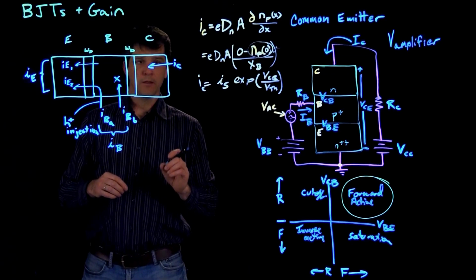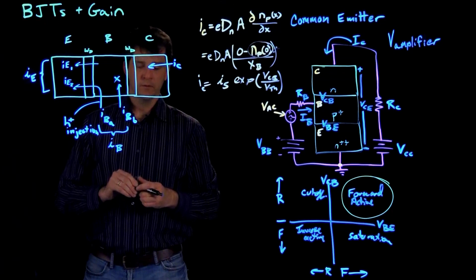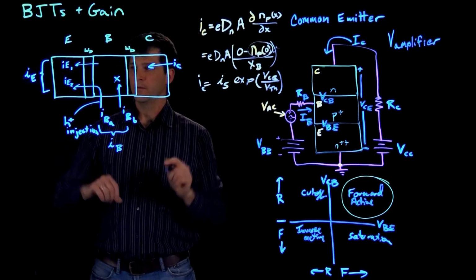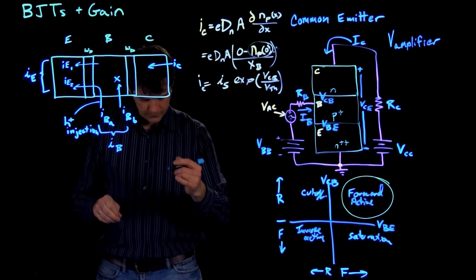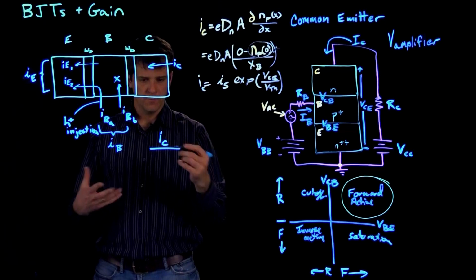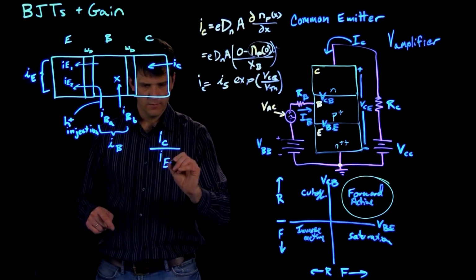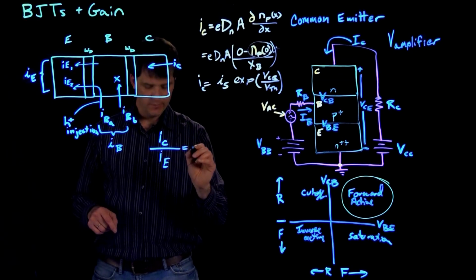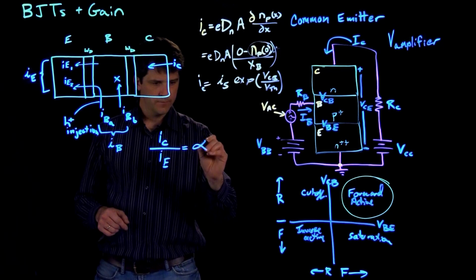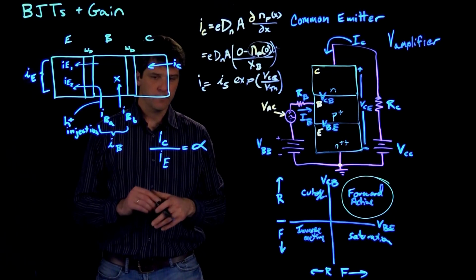So what we'd like is for both of these currents to be as small as possible, and for these two things to be essentially equal. And we can define a ratio which tells us how well the transistor is doing by defining this alpha, which is the common base gain.